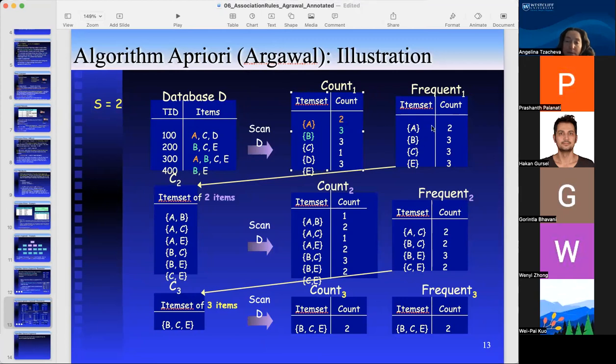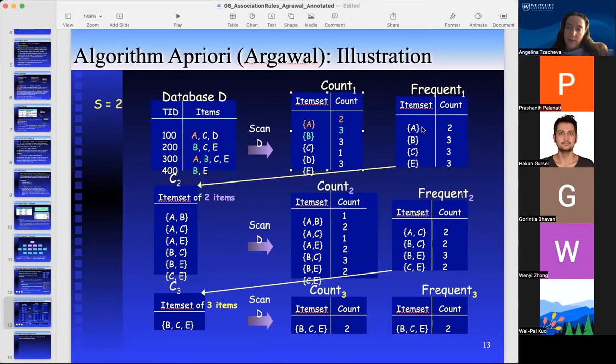Now you see this arrow here, it says count 2. From the single element sets that are frequent, we generate 2 element sets by taking all the possible combinations between them.